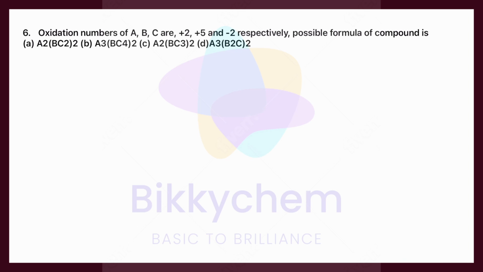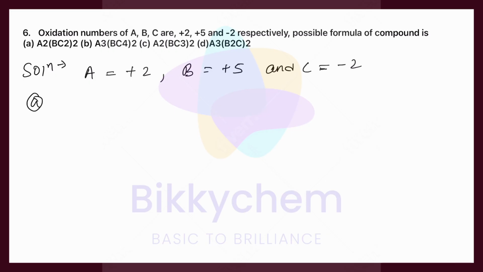Okay dear student, let's see the question. The charge or oxidation numbers of A, B, C are given here. That is, A is +2, B is +5 and C is -2. So what is the possible formula of the compound, from the options with A, B and C?